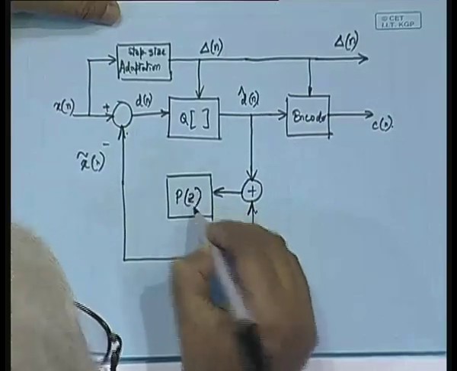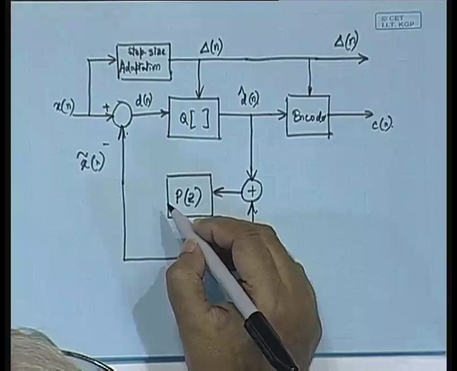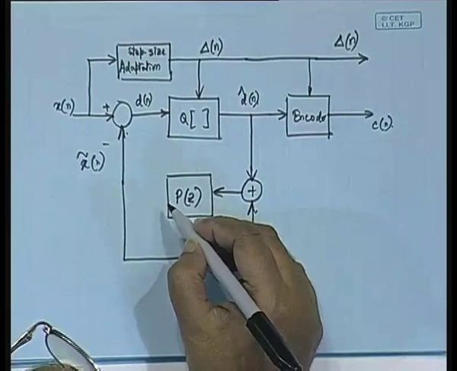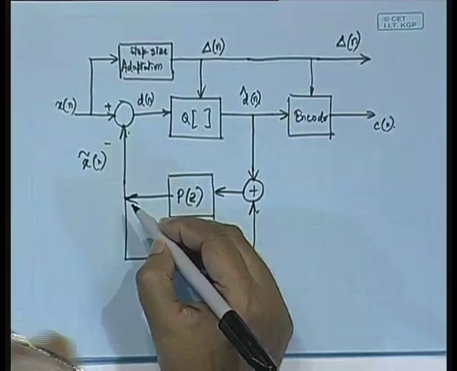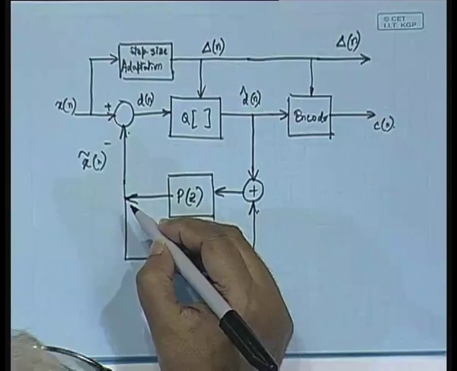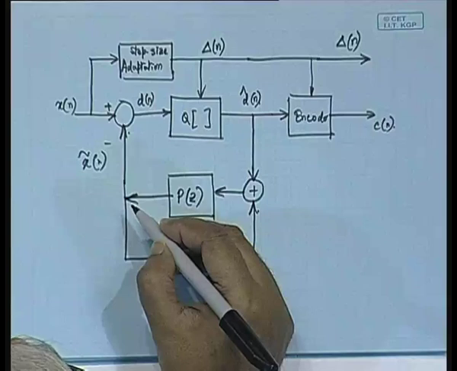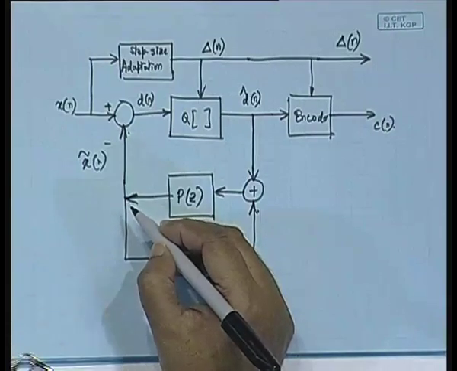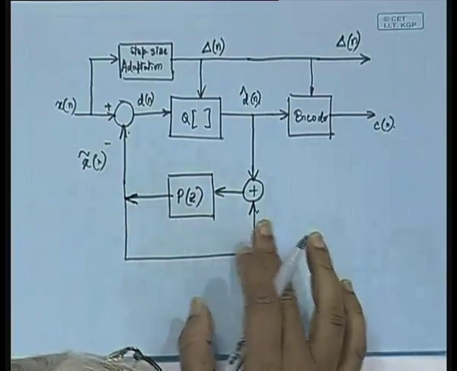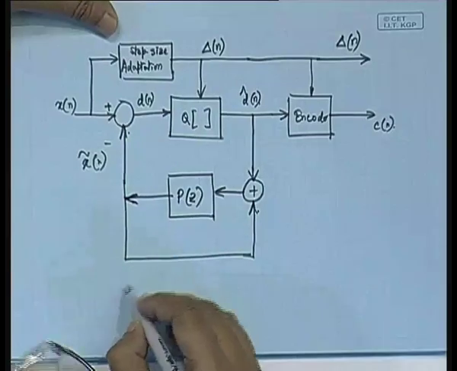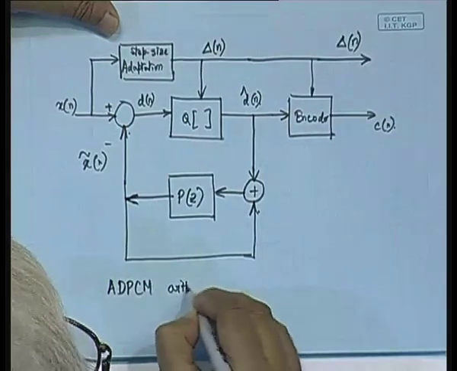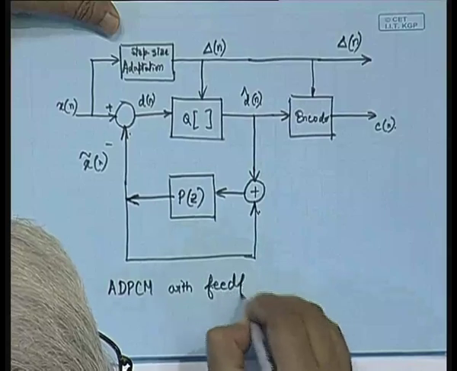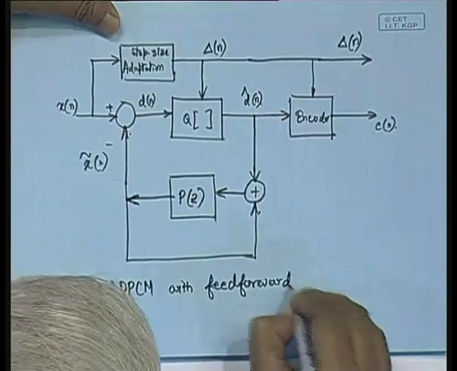So, let us write it as P of z, because we can implement this P of z either as a first order predictor, or we can use it as a higher order predictor, or as I told in the title of this lecture, we could also have it as the adaptive predictor. Okay. But anyway, this is going to be the block diagram. So, this is a DPCM with feed forward step size adaptation.